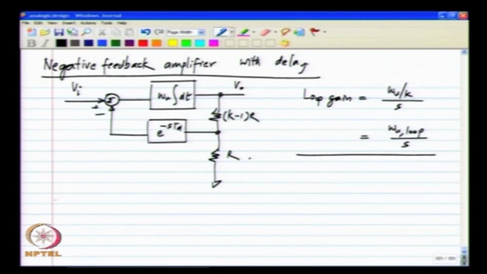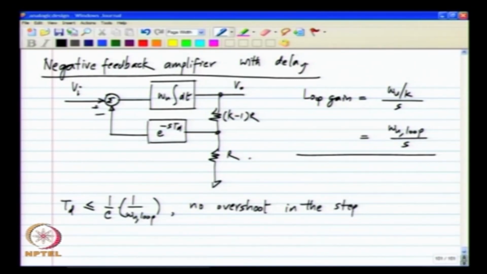So, our previous analysis shows that for Td less than or equal to 1 by E times 1 by omega u loop, that is 1 by 2.718 times the time constant of the integrator, we get no overshoot in the step response, and essentially it behaves like an overdamped system, that is for Td less than this number, it is equivalent to an overdamped system.